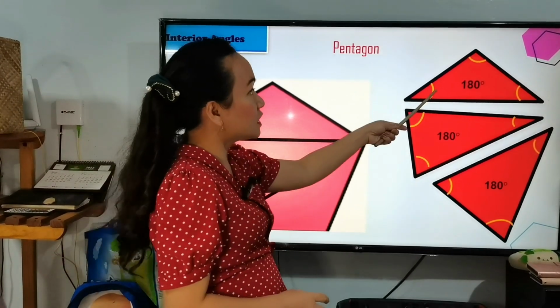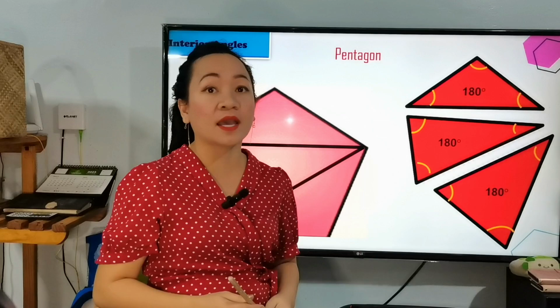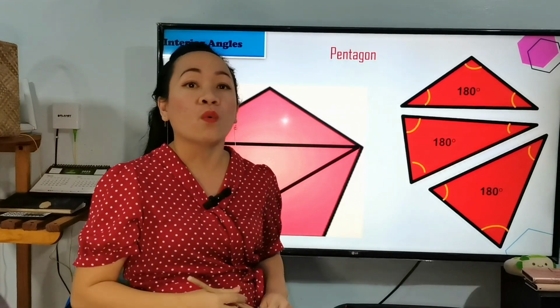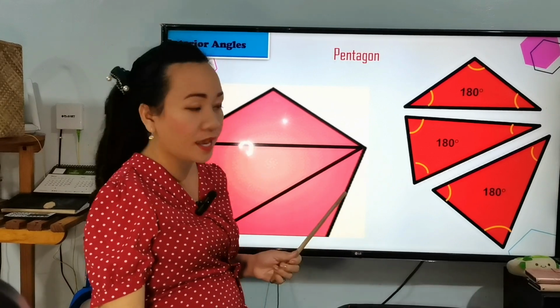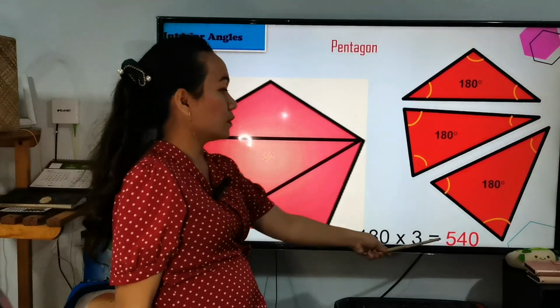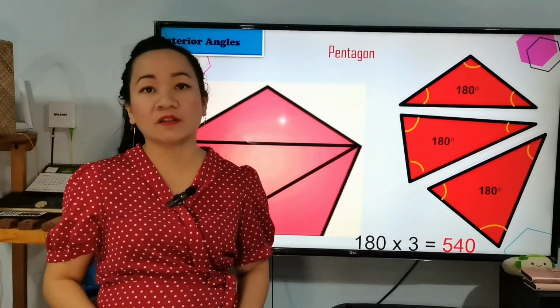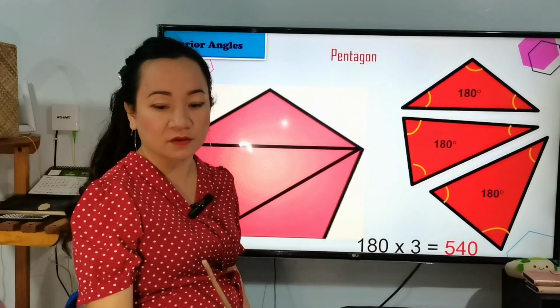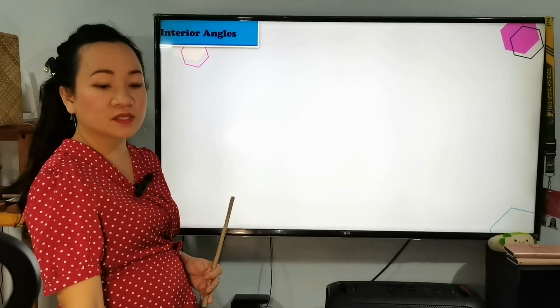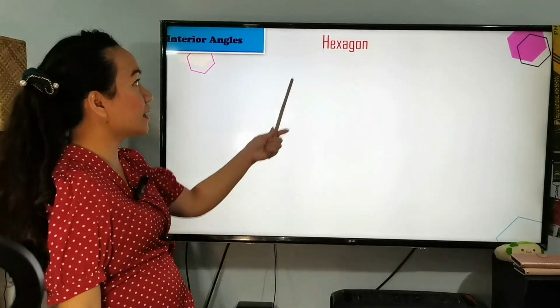Meaning to say, since we have three triangles, we are going to add 180. So we can say 3 times 180. The answer is 540 degrees.